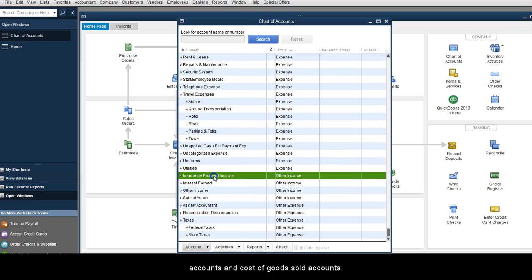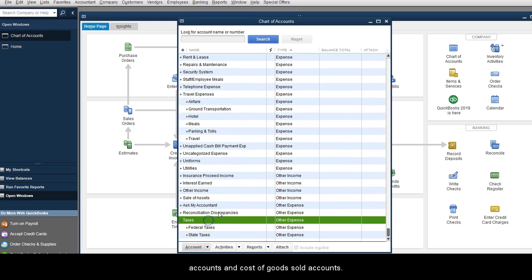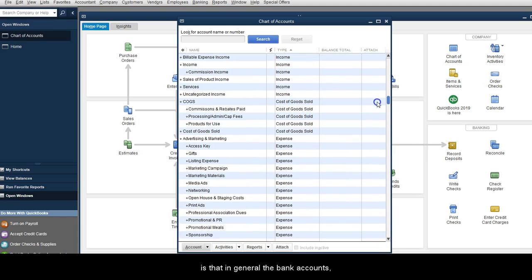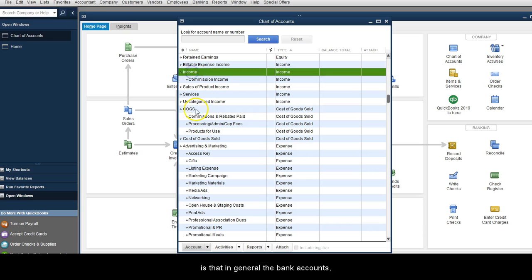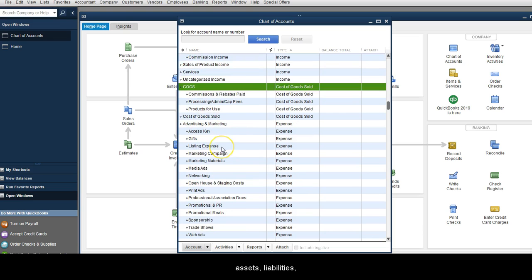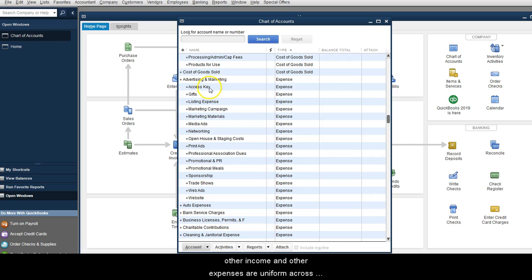Where businesses differ from industry to industry is more in the names of the income accounts and cost of goods sold accounts. What we have found in our 20+ years of experience is that in general, the bank accounts, assets, liabilities, equity, expenses, other income, and other expenses are uniform across all business industries.